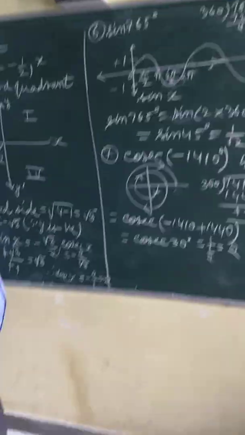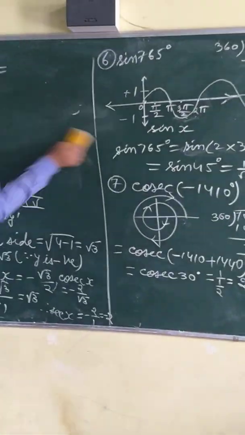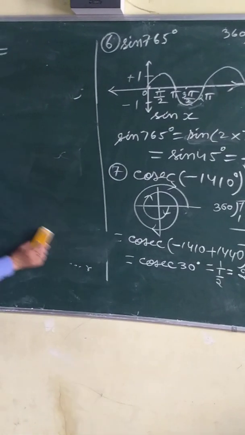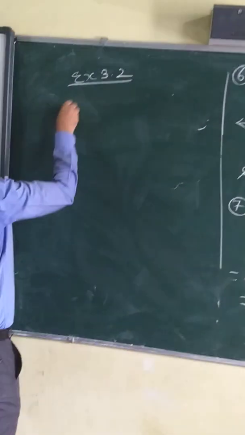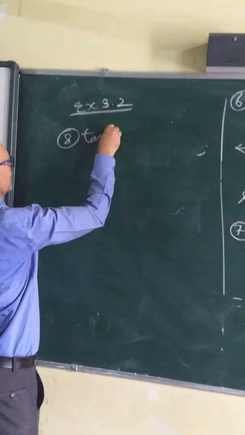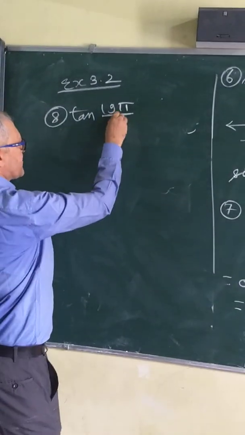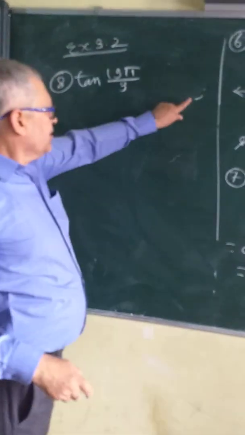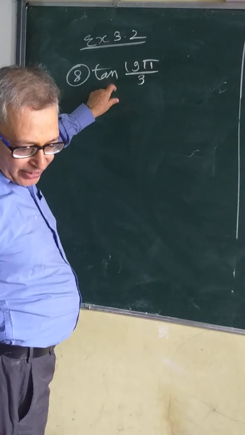Now we come to another type of angle, which is in pi. We come to question number 8: tan 19 pi by 3. Since this angle is given in pi, and the earlier angle was given in degrees, how will we calculate the angle in pi?